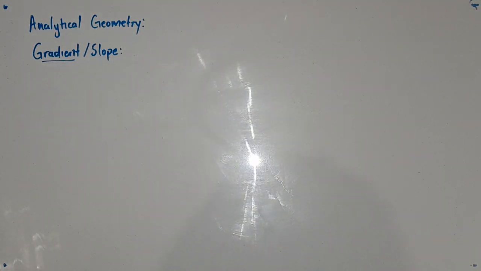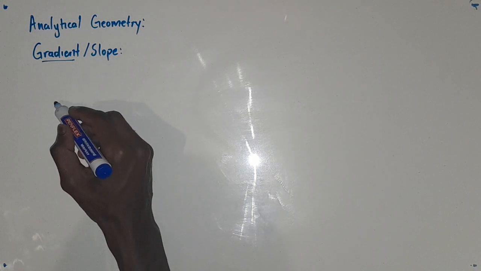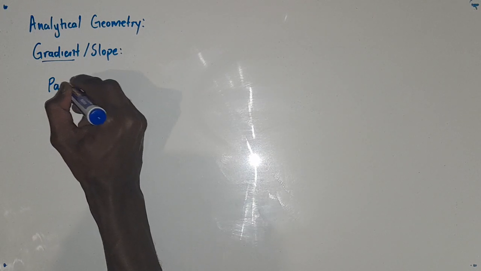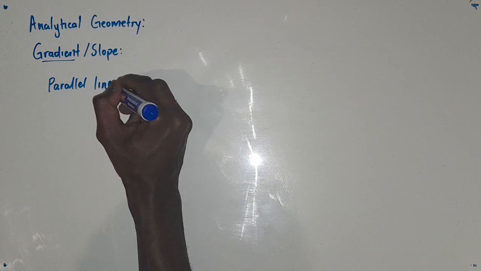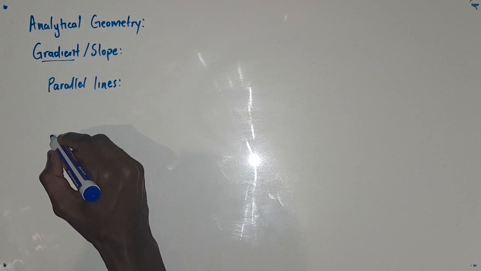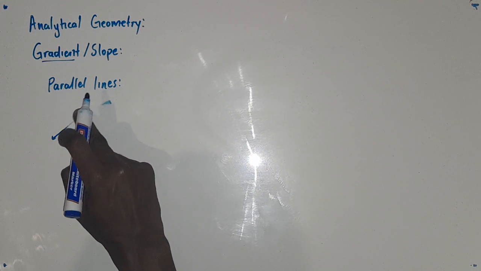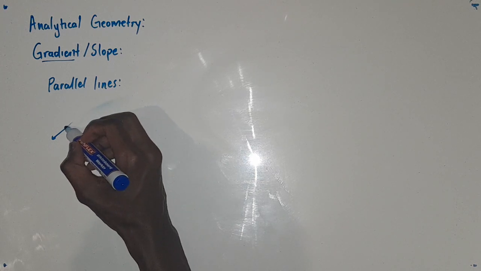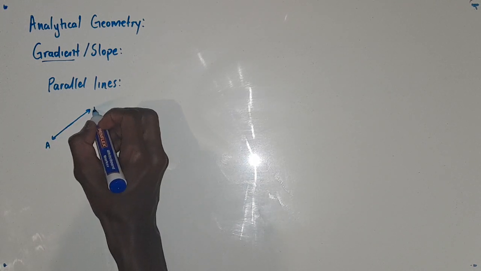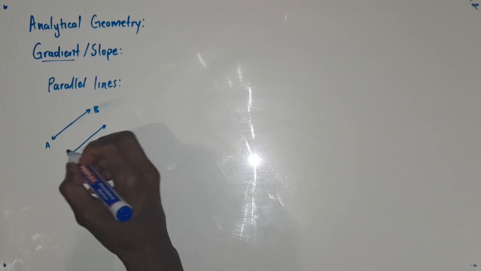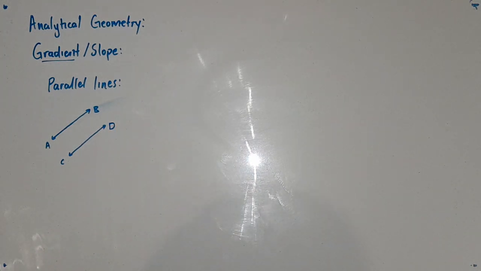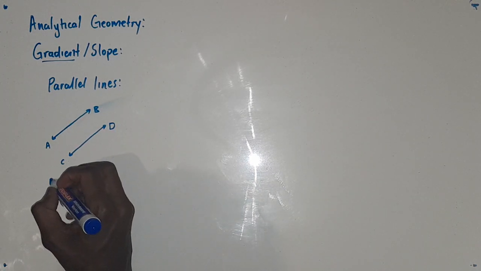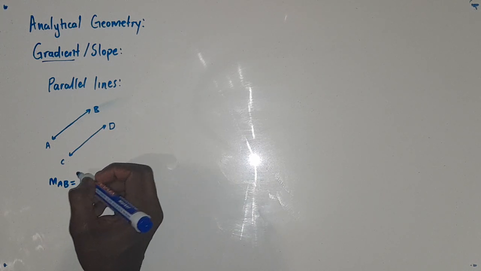Now, the concept that I want to highlight is this one. If we have two parallel lines, say we have AB somewhere here, and let's say we have A, B, C, D. For parallel lines, you just need to know their gradients will always be equal.